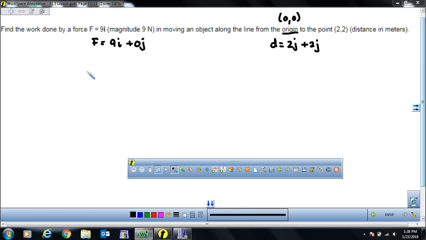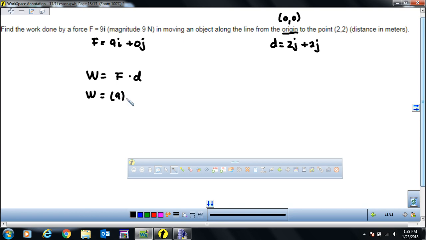So if I want to find the work applied, it will be the dot product of the force and the distance vectors. Let's multiply the i components, which is 9 times 2, plus the j components, which is 0 times 2. That would be 18 plus 0, which is 18.